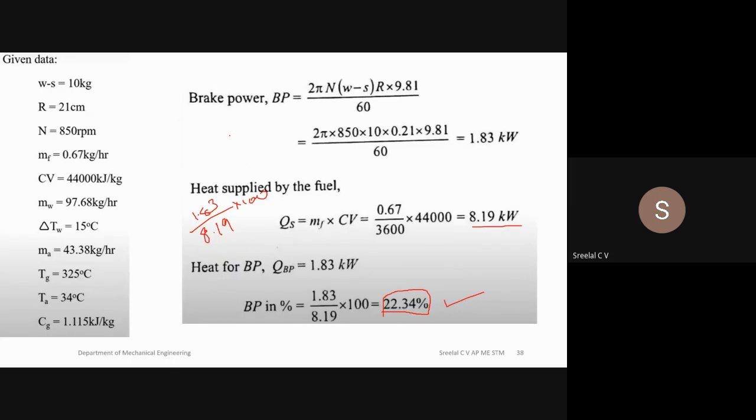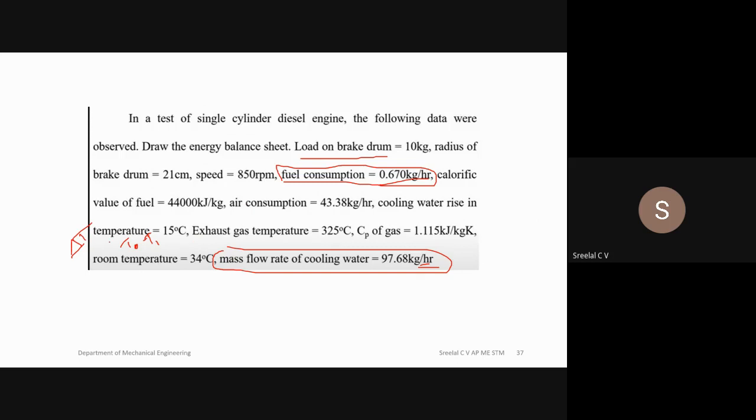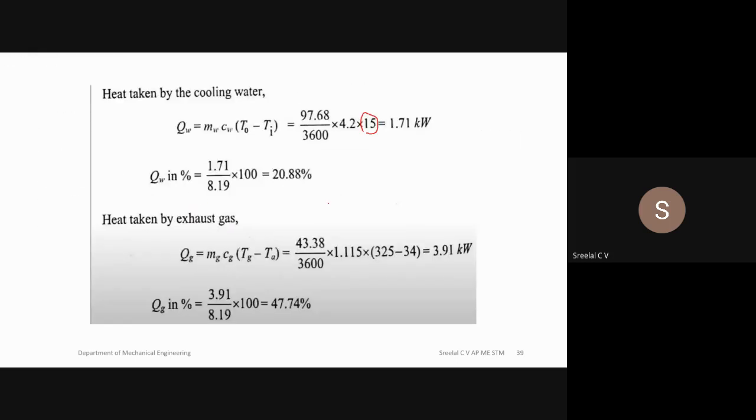Then the change in temperature is given here, 15. So we will be getting the value 1.71 kilowatt. Okay, so we will be converting that into the percentage, and we will be getting 20.88.